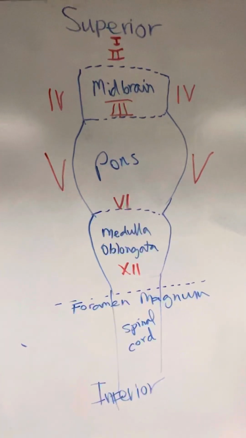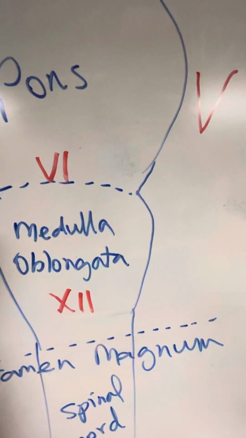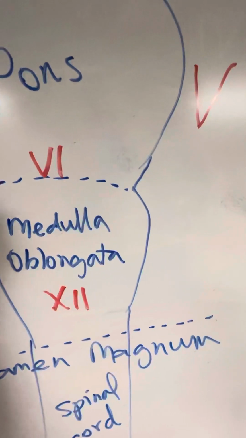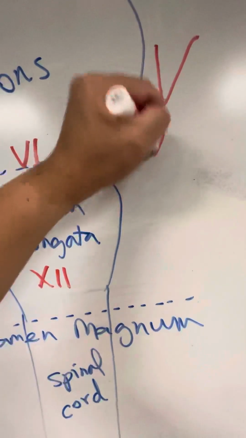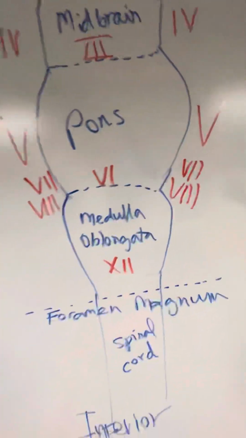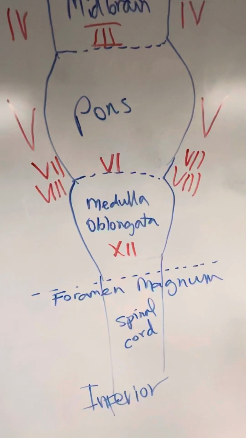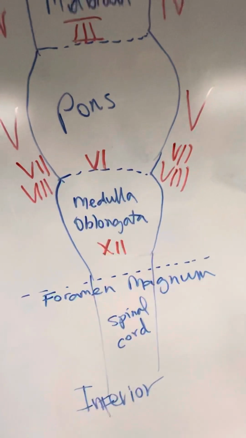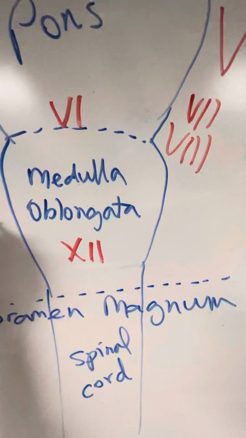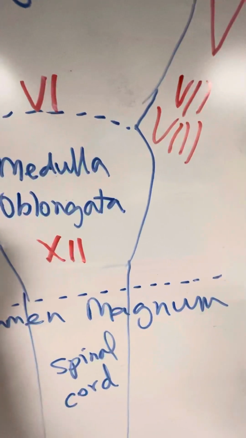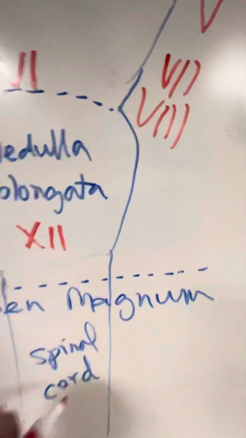So now we're going to move to 7. 7 will be right here and 8. So 7 and 8 are always right next to each other. And as you can see, it's on the inferior but lateral side of the pons, which is also superior to the medulla oblongata. Then we will move on to 9, 10, and 11.